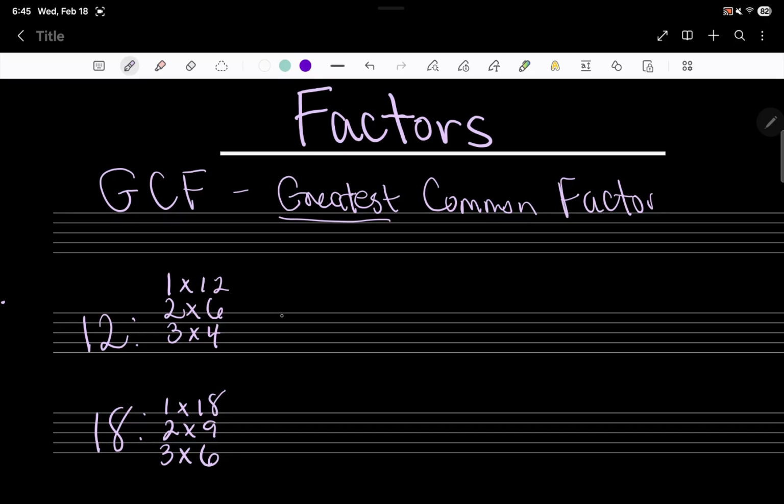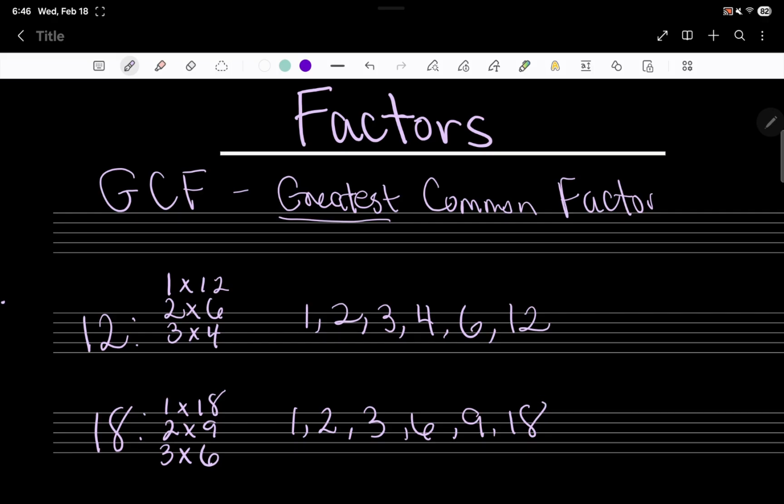The factors of 12 are 1, 2, 3, 4, 6, and 12. For 18, we have 1, 2, 3, 6, 9, and 18.